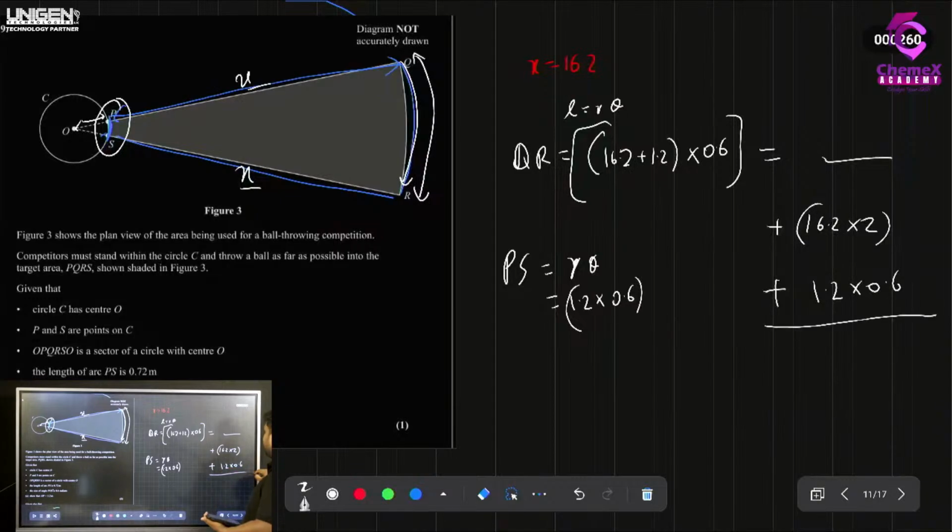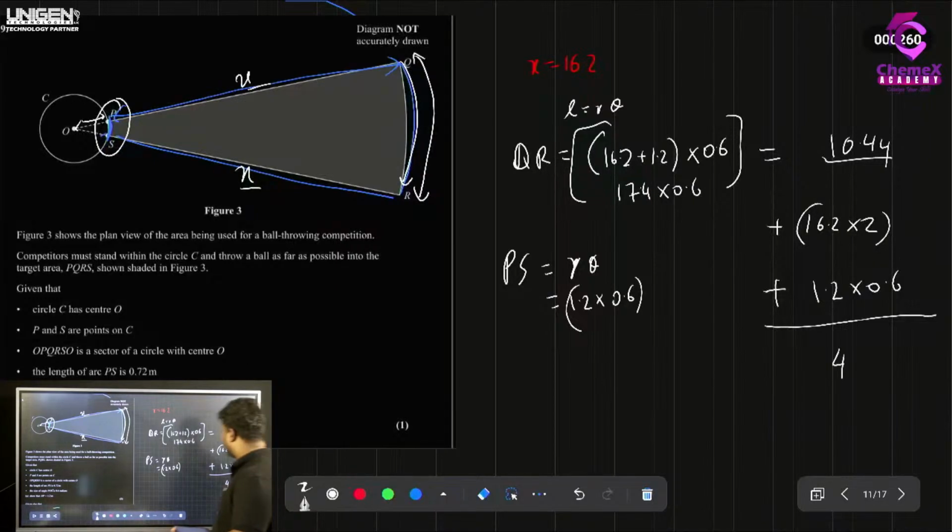So what's the final answer? Anyway, this is going to be 17.4 into 0.6. What's 17.4 into 0.6? So if you add all of this, you get 10.44.